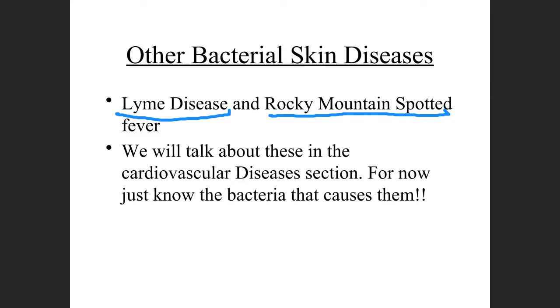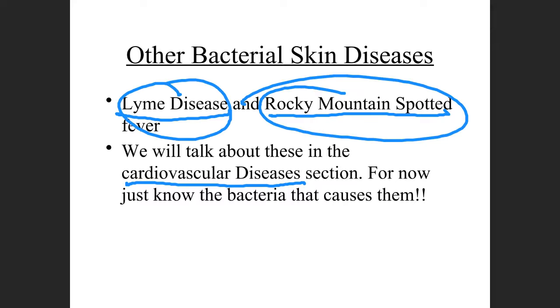But Lyme disease and Rocky Mountain spotted fever are actually cardiovascular diseases. So for right now, looking towards your fourth test, just know what bacteria causes Lyme disease and Rocky Mountain spotted fever. We'll come back to these two diseases when we talk about cardiovascular diseases, because that's really where they fit, okay?